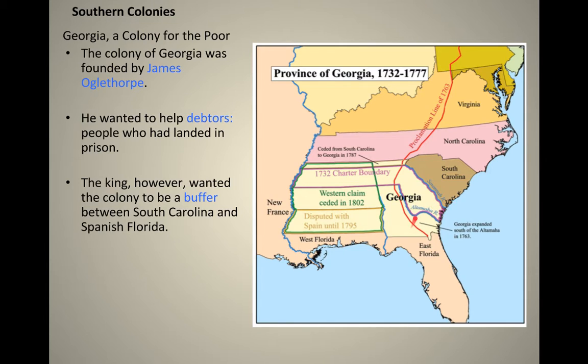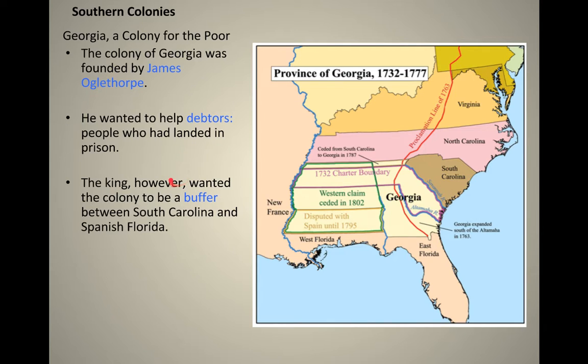So that's what a buffer is. He just wanted something that he didn't care as much about in between, so that Spanish Florida couldn't just come over and start taking plantations and then go up to North Carolina, and then the Spanish would be invading. He wanted to have a buffer, so he thought he'd stick a bunch of poor people in Georgia.